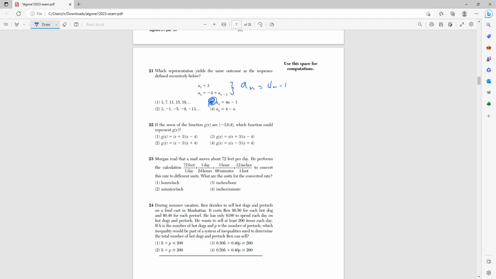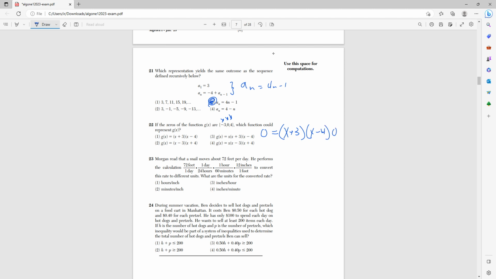22 asks, if the zeros of the function g of x are negative 3, 0, and 4, which function can represent g? So we want to write a function where whenever we have an x value of negative 3, 0, or 4, our y value is 0. The best way to do that is to write x plus 3, x minus 4, and x.